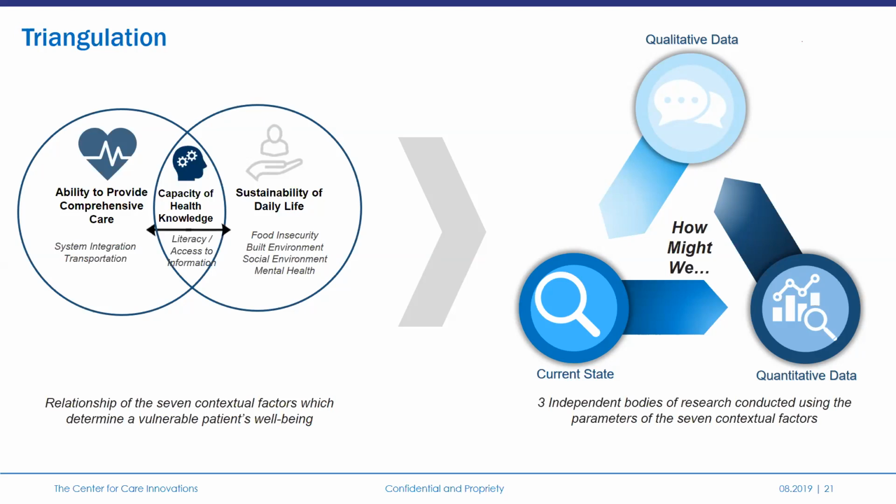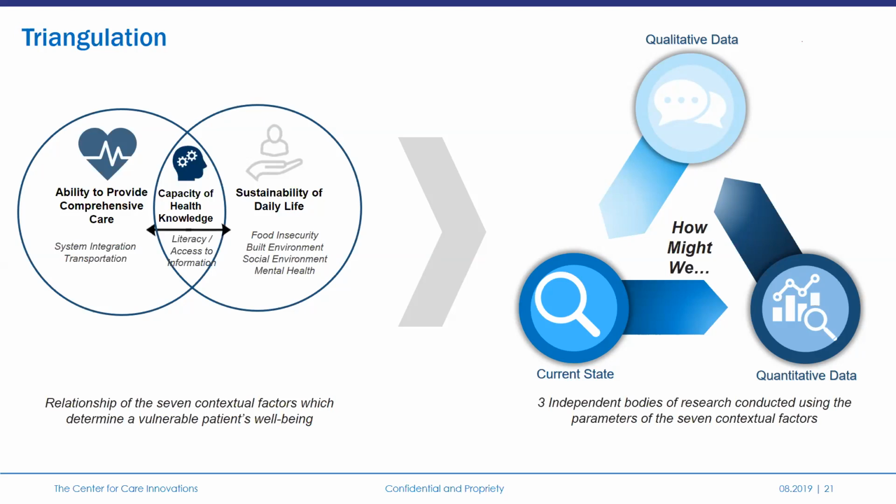And then we were able to take that qualitative data from Community Wisdom, as well as the current state of what is OSF together. We're a large system. What are we doing for these populations in these areas of food insecurity, built environment, social isolation, mental health, transportation, et cetera, and what are community agencies doing, digging all the way down to every program that they offer.